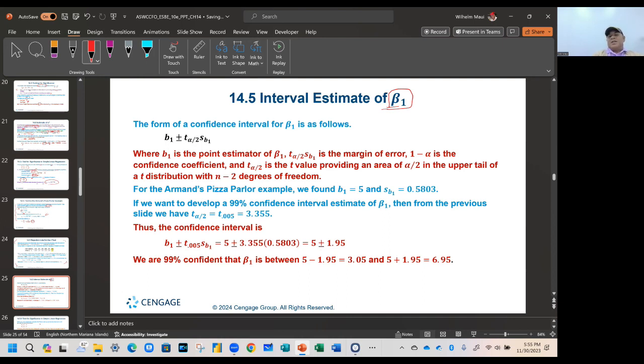And again, we're using different notations here, but it's the same interval estimate formula that we've seen before. Only now I'm interested in beta 1, plus and minus the ME, your margin of error term. And hopefully now when we see them, we recognize that's the t-value at alpha over 2, and that's your standard error for your beta 1 in this case, no?